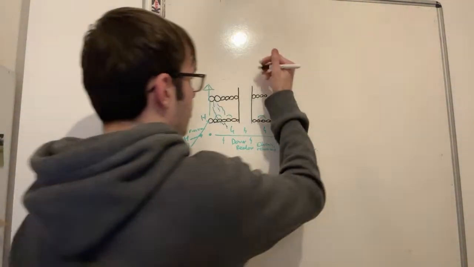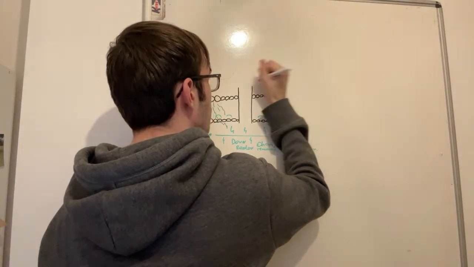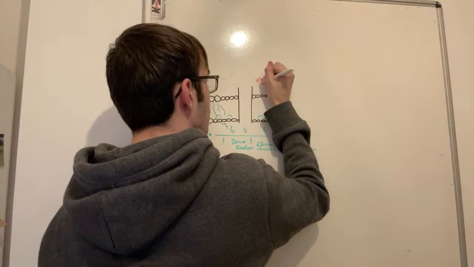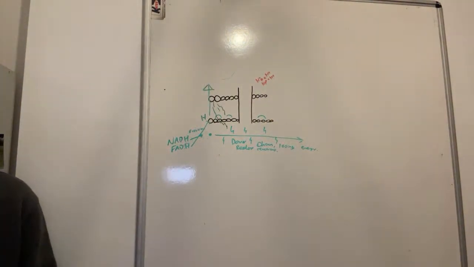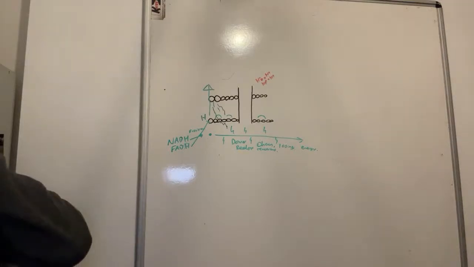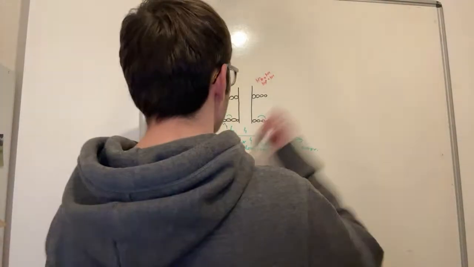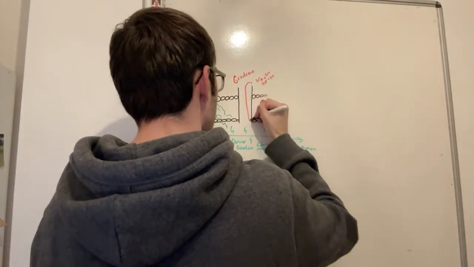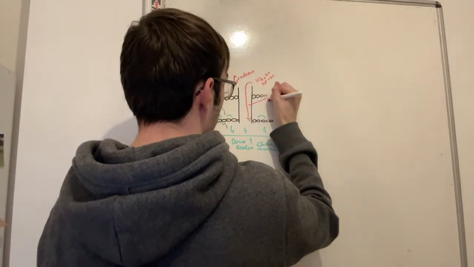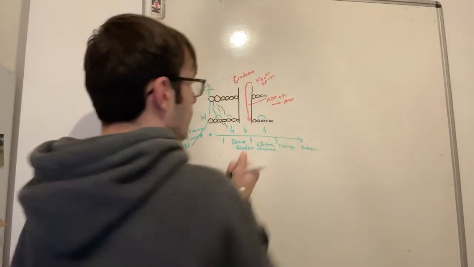This then establishes a gradient, which is going to then, because there's a gradient established, hydrogen is going to move down the ATP synthase channel, which is going to cause ADP plus Pi to become ATP.